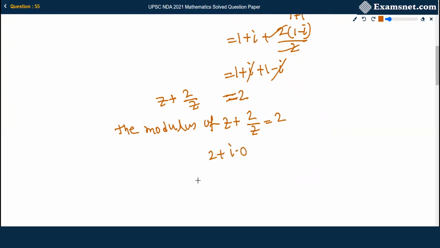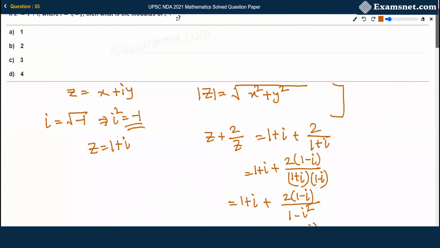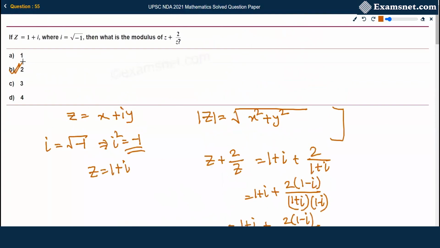If I find the modulus, it will become 2 square plus 0 square, isn't it? That will also give me 2. So since it's a scalar quantity, a real number, I can directly say the modulus of this expression is 2. It matches with option B. Option B is the correct answer.